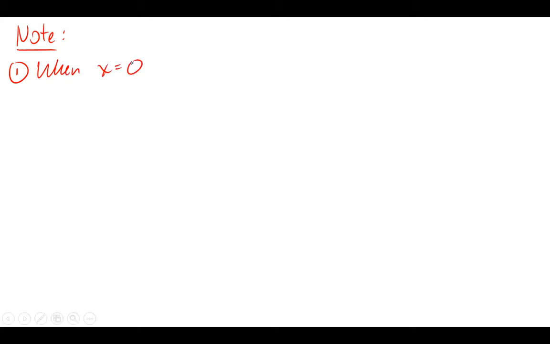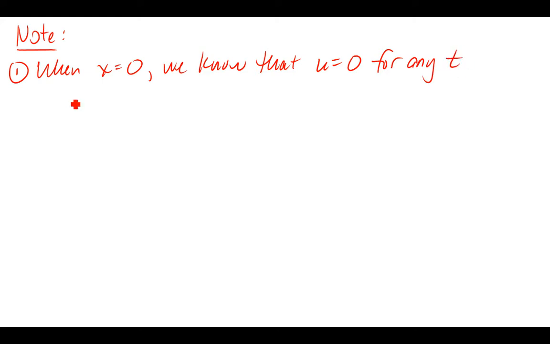When x equals 0, which of course means I'm on the left side of the rod, or the bar, we've insisted, or we know, or we're assuming, that u is 0 for any time t. So what does that mean? That means that you get 0 if you do this for any time.